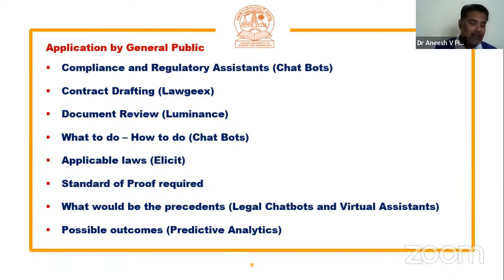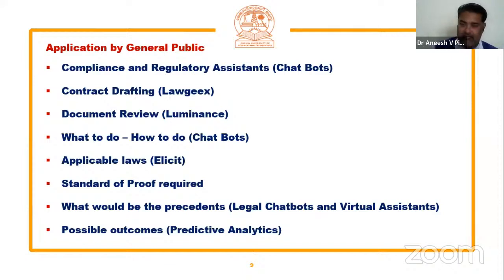So before filing a case, being a common man, I can learn which law is going to apply, and if that law is applying, what standard of proof is required, what sort of things have to be given as evidence.